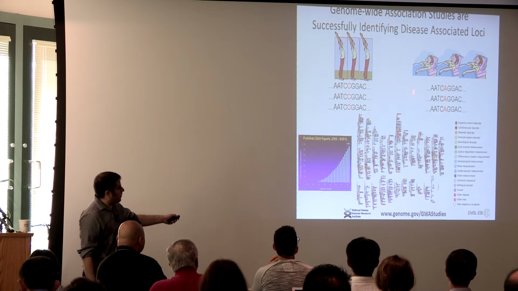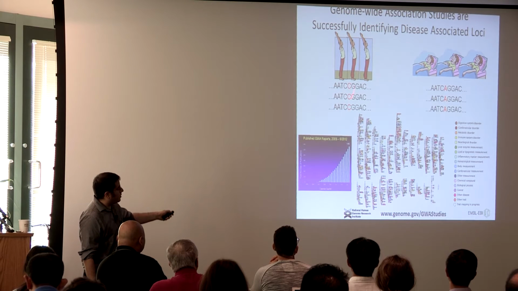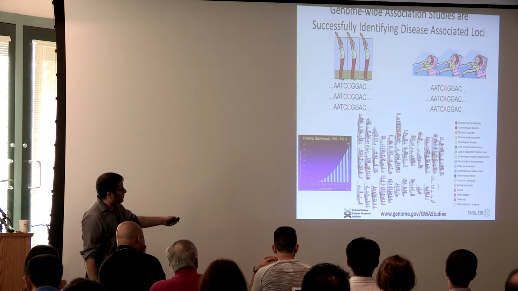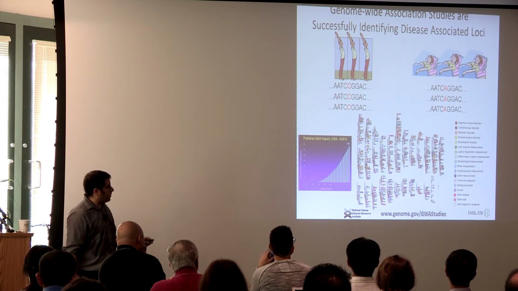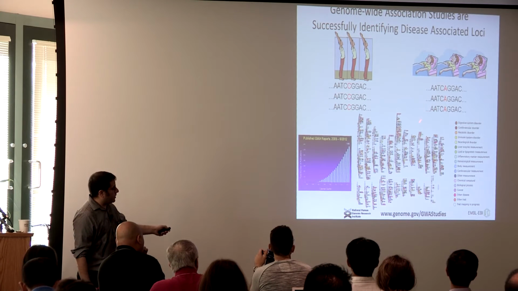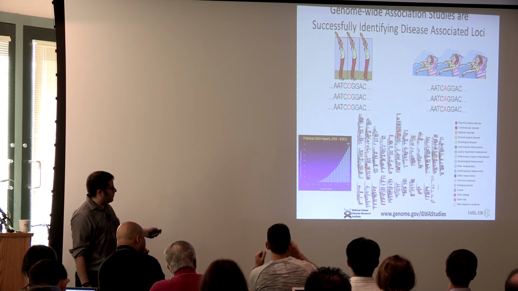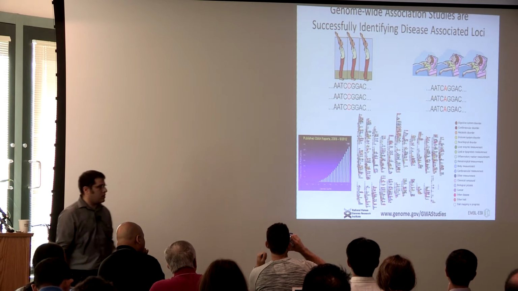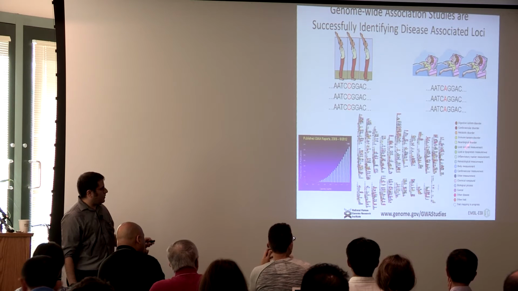And then you compare their genotypes, their DNA sequence, and you try to identify places of genetic variation that are common to the people who are healthy, and other places which are common to the people who have the disease.